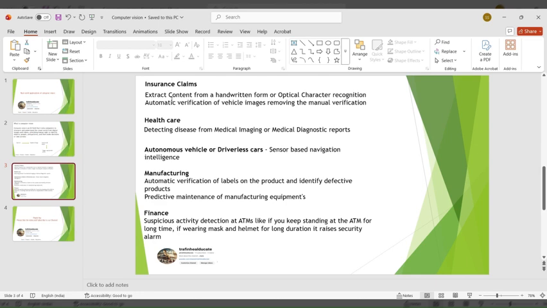If you are claiming a medical bill, or if your vehicle is damaged and you are claiming insurance for that, then the usual process was that one person from the insurance company would visit you, take an image of your object or your vehicle, and send it to the company, then someone would verify it, and then your claim would be processed. Which was a very lengthy process, right?